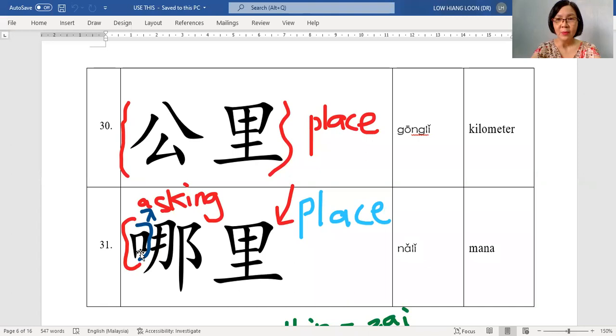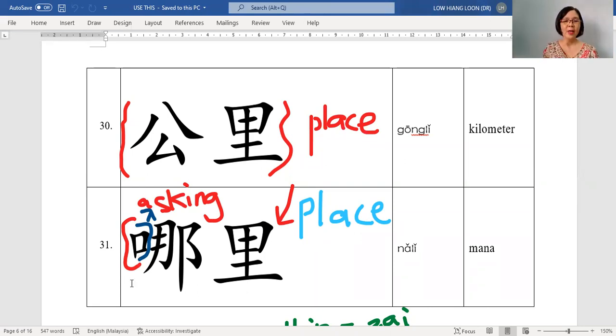What do you think? You see the second character? If the second character shows you this is a place, so what do you think? What is the first? The mouth is asking, or you think it's drinking or eating or speaking? Asking. So asking for what? You ask Nali. Where is the place? Nali.